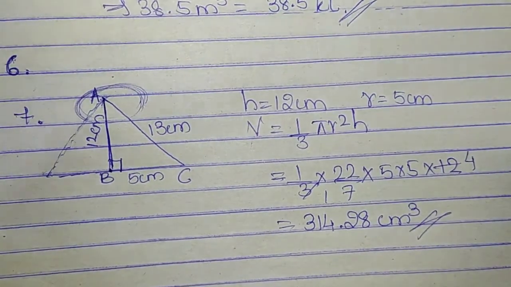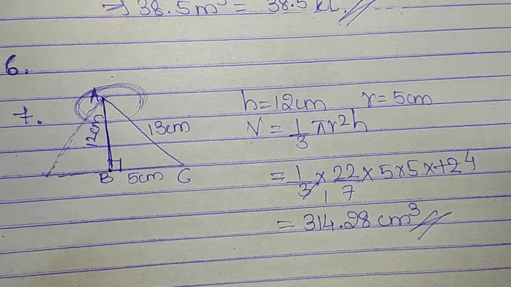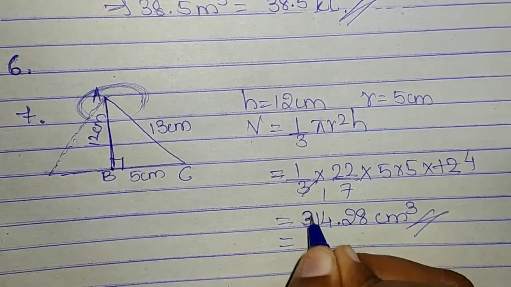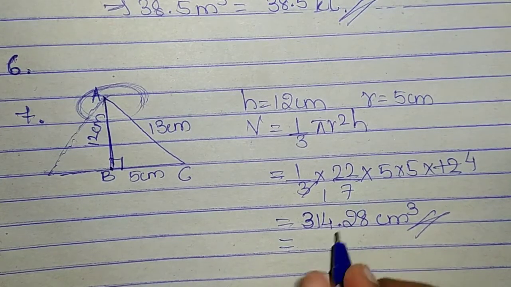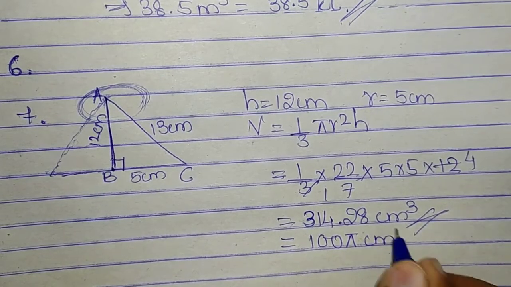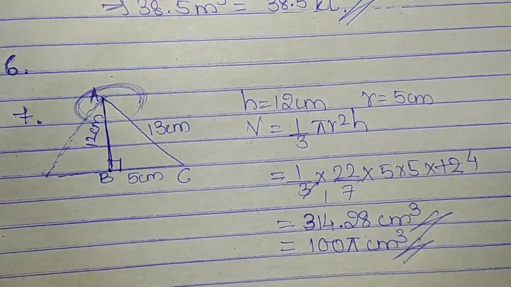This is the volume of the cone formed by rotating a right angle triangle. Or this can also be written as 100 pi centimeter cube, as 314 is the value of pi times 100. Both are one and the same.